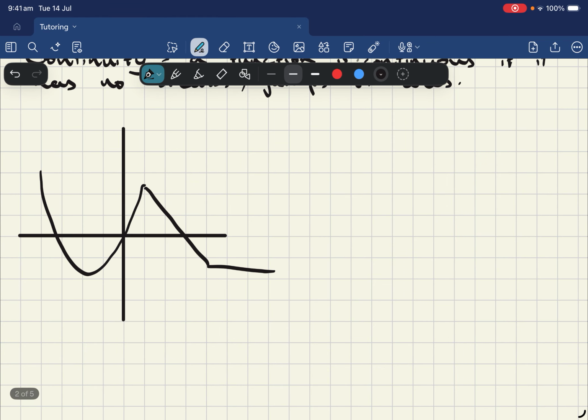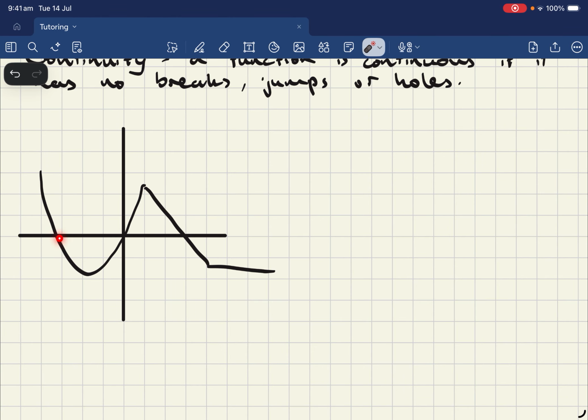You can see how I drew this: I went over it without taking my pen off the paper, right? I could draw a continual tracing over this, so it basically has no breaks.